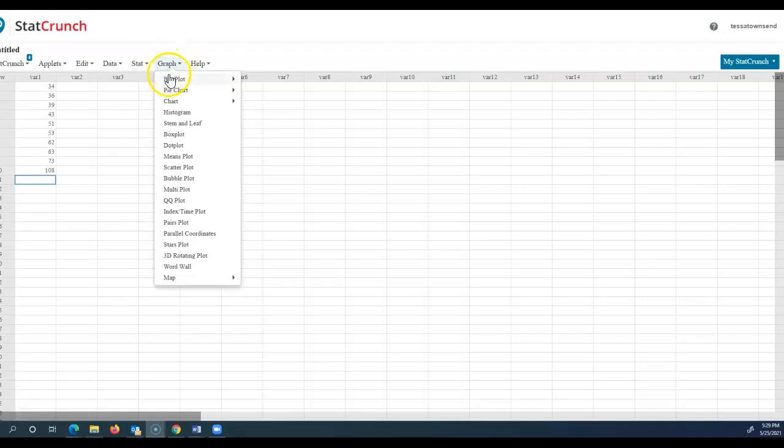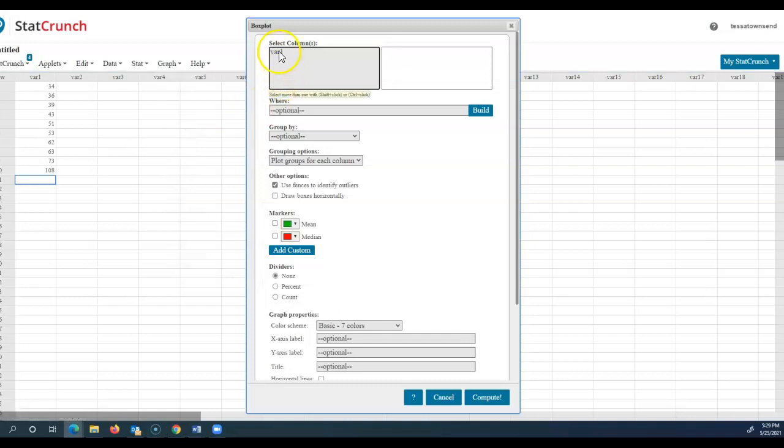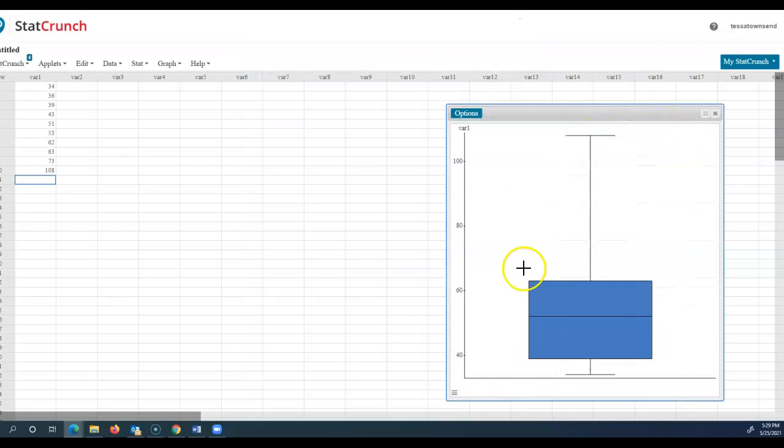Actually, I'm going to go over to Graph. And then Box Plot. Everything's in bar 1. That's the column with my data. And I am going to unclick this option, use fences to identify outliers. We're just going to do the standard box plot first. Click Compute. So there's our box plot.